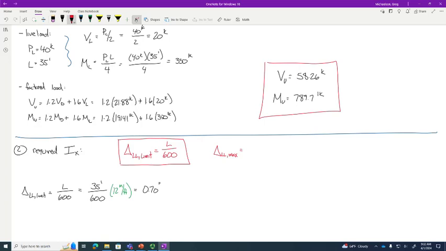Better yet, how do we compute the maximum live load deflection for this beam? Hold on, wait. Nope. PL cubed over, is it, I guess 48 EI? There we go.